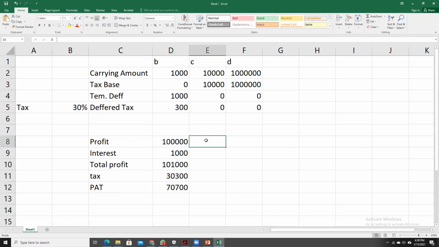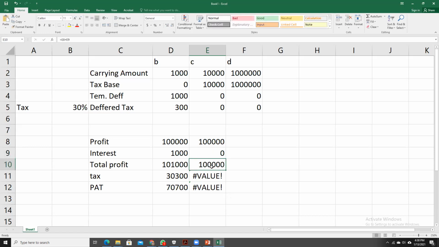But when we do it according to the tax rule, we can't recognize this interest because it is not yet received. The tax rule says you have to account for the interest on cash basis. The cash is not received yet, so interest income is 0.